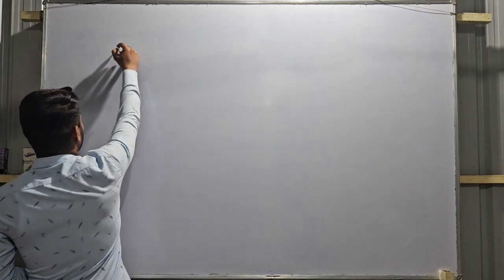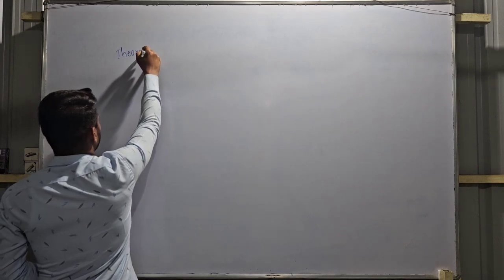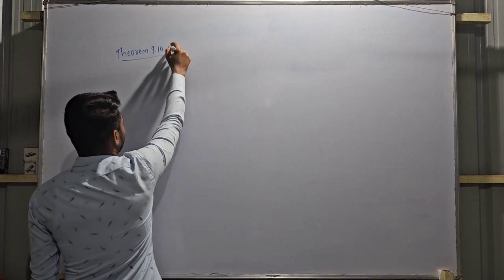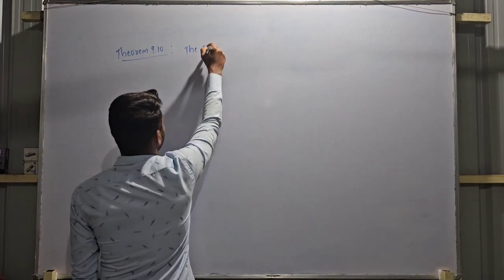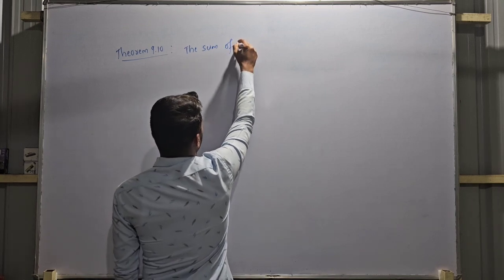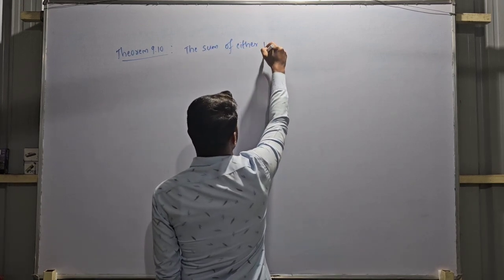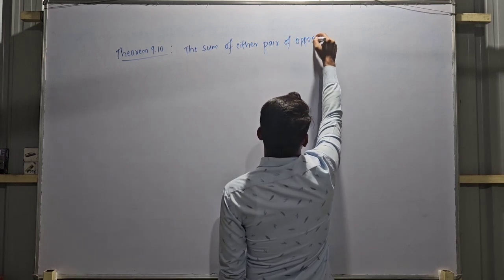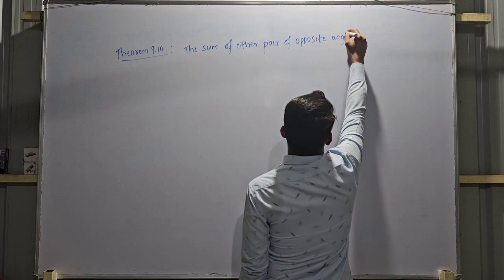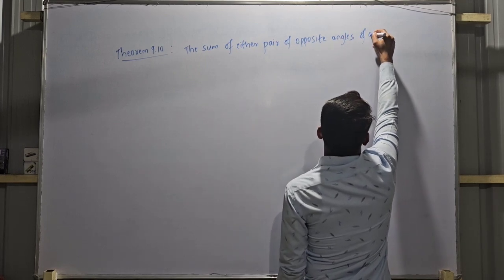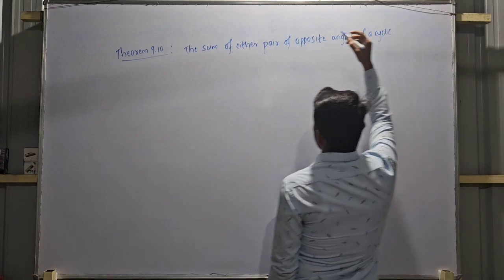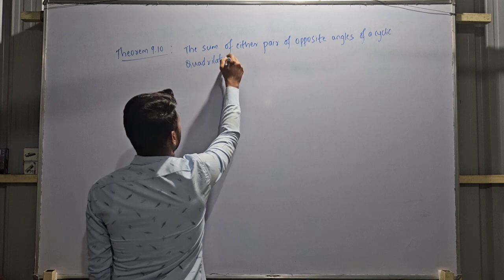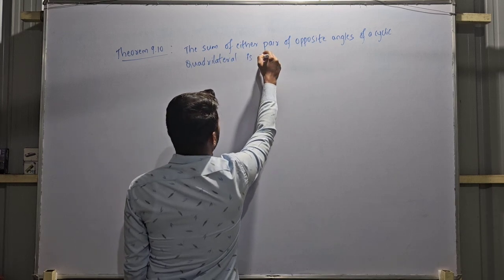That is theorem number 9.10. So theorem 9.10 states that the sum of either pair of opposite angles of a cyclic quadrilateral is 180 degrees.